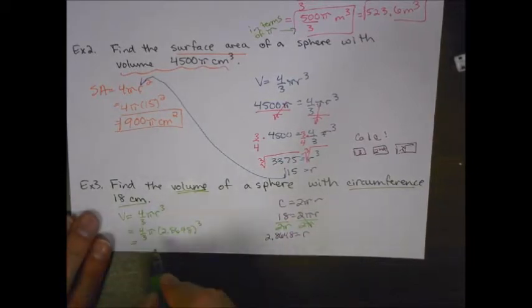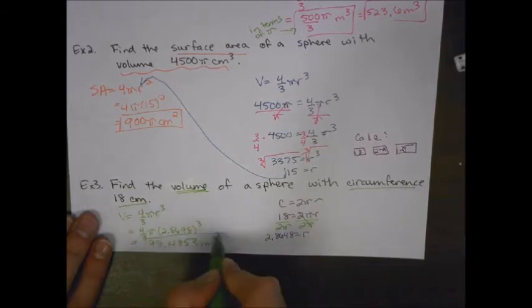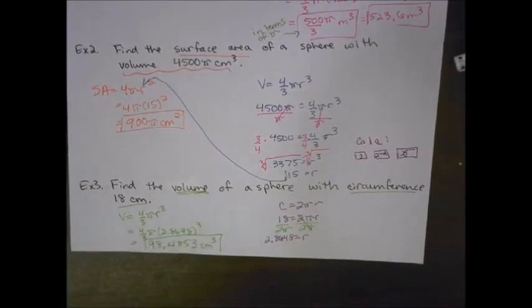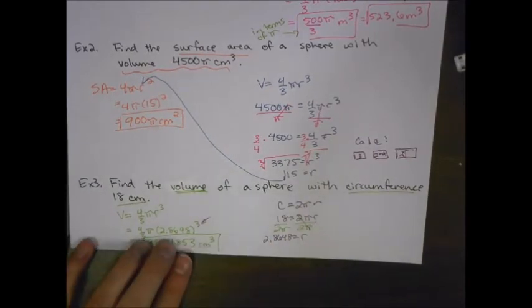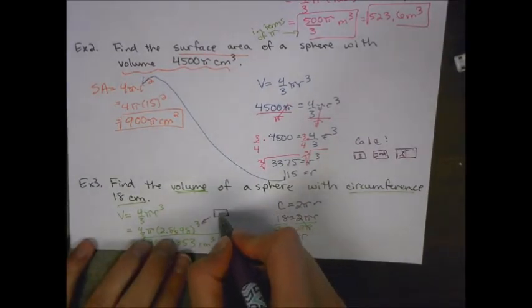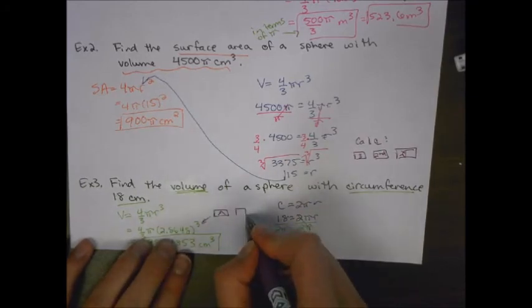And we get 98.4853 centimeters to the third. If you're having trouble cubing things on the calculator, remember we have the caret, the exponent button, and then you hit a 3.